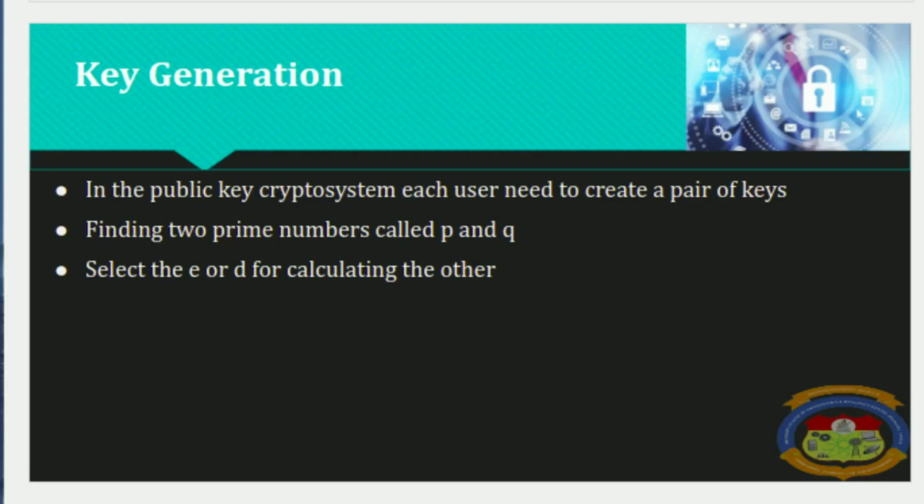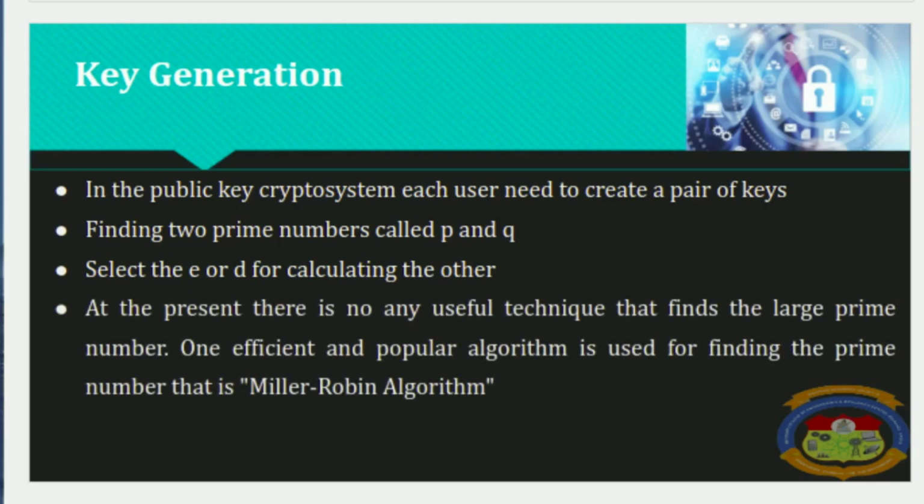When we choose the prime numbers, they should be from a sufficiently large set, which means we choose P and Q as large numbers. At present, there is no useful technique that directly finds a large prime number. So the general procedure for finding a large prime number is to pick a random odd number and then test whether that number is prime or not.